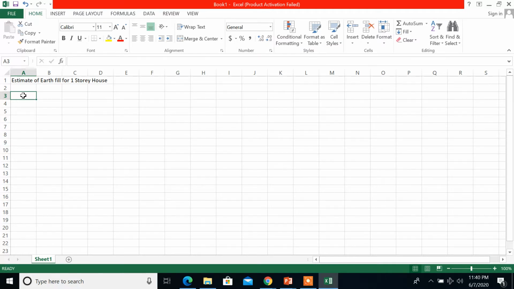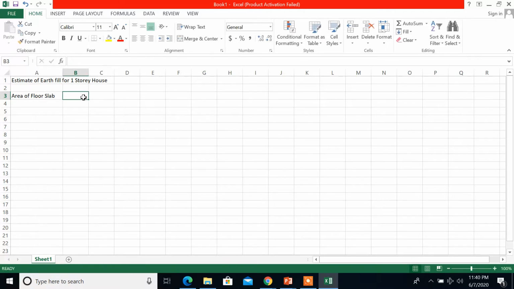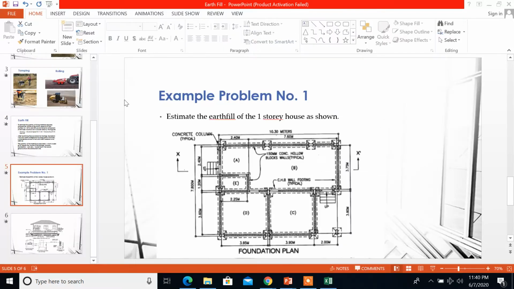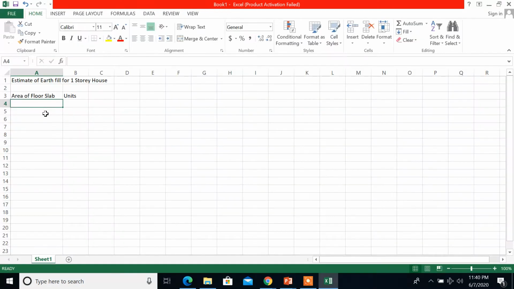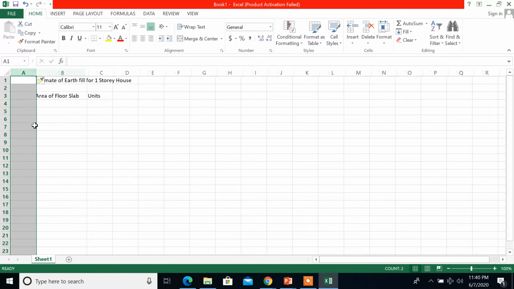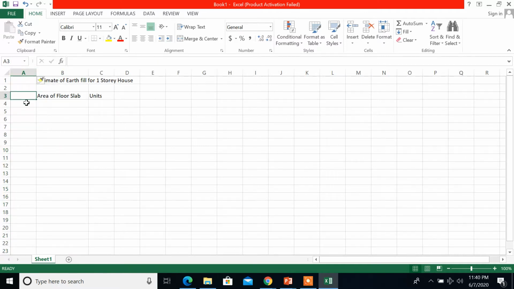For letter A, area of floor slab. Then beside it are the units. Based from the figure, letter A, so let us add it.